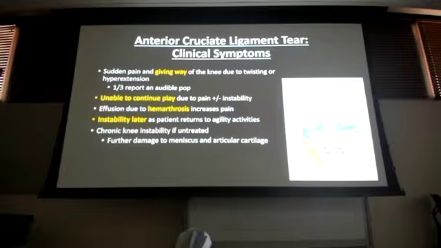Instability later as the patient returns to agility exercises. So that patient sustained the injury, went to therapy, and feels better. They're not really running, twisting, turning, but now they go back to activity, don't get seen by orthopedics, for example, or don't come back and see you. They return. Do you think they're going to have instability on uneven ground? Yes. Do you think they're going to have the inability to twist, turn, and cut like they used to be able to? Yes. Okay, so that's all that's saying. And chronic knee pain if untreated.